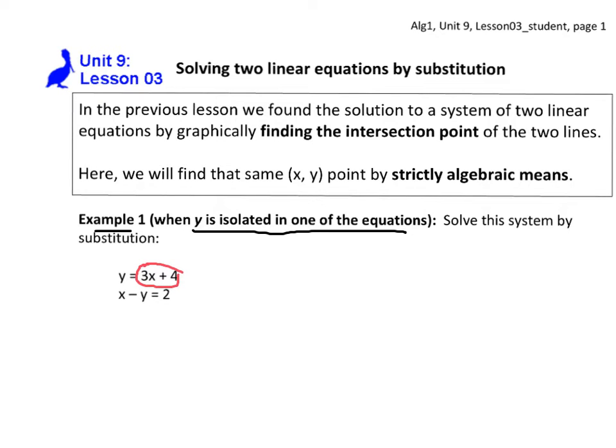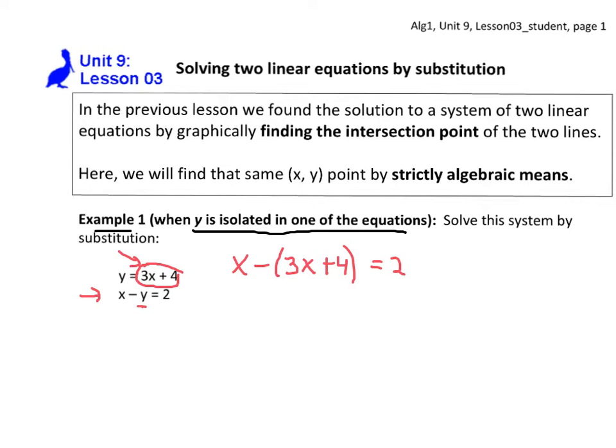We're going to take that and substitute it into this equation. So we're going to write x minus, and instead of writing that y, we've got y equals 3x plus 4. So in parentheses, I'm going to write 3x plus 4. I'm substituting y equals for the y in the second equation. So I've got x minus, this is y, equals 2.